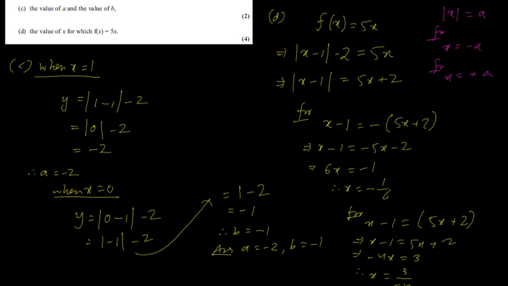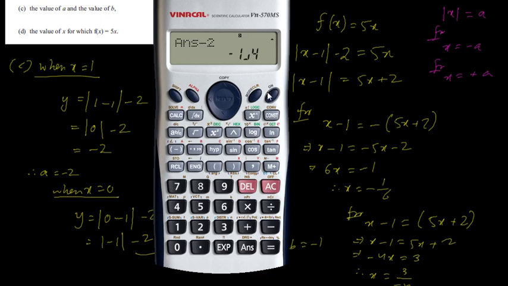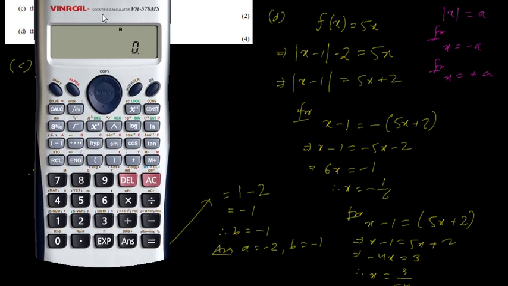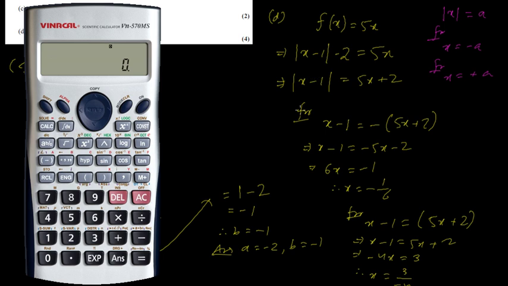So if we do that, let's bring out the calculator. x minus 1 means minus 1 by 6 minus 1. So that is minus 7 by 6. If you remove the absolute value, it would not be negative anymore, it would be 7 by 6.